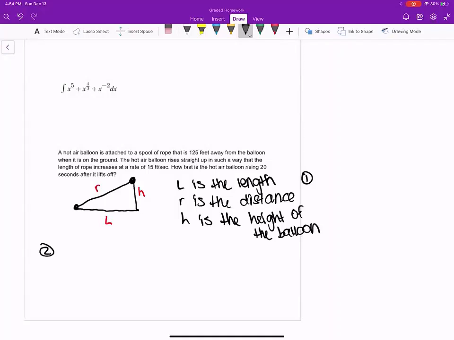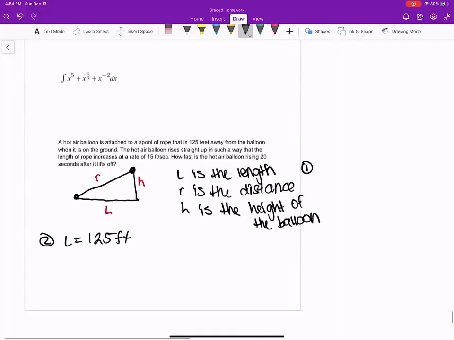L equals 125 feet. We were given that. We were also given the rate at which the rope length increases, which is 15 feet per second. Okay, so 15 feet per second.